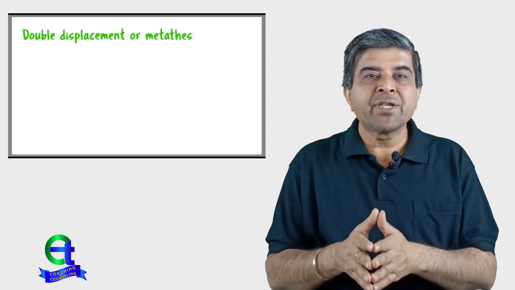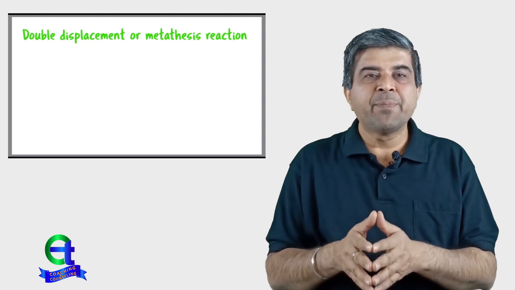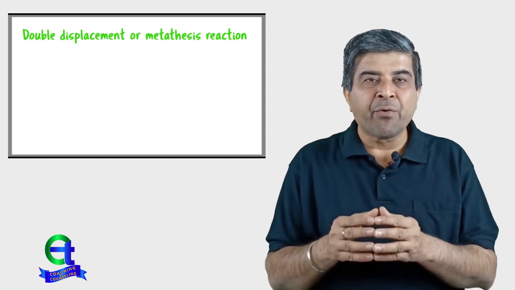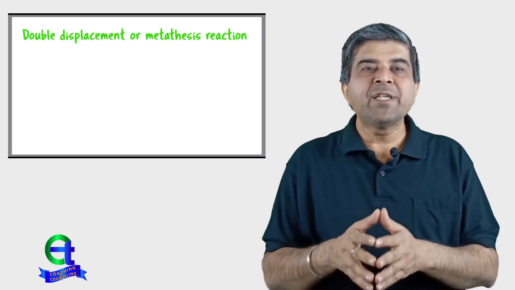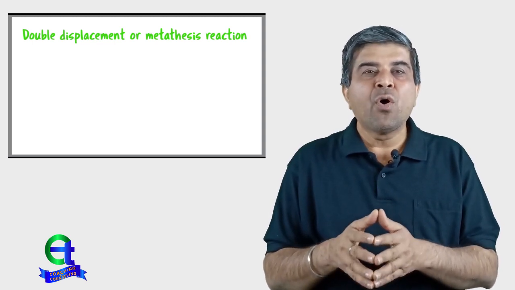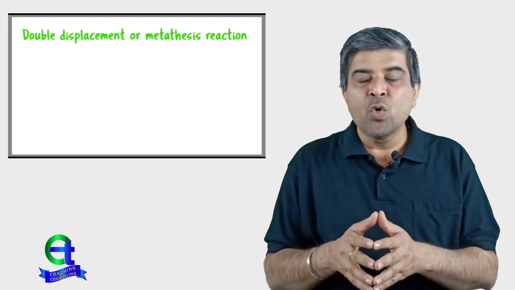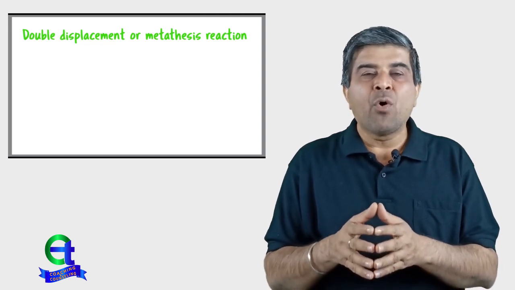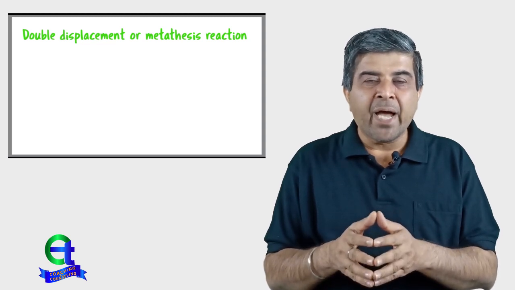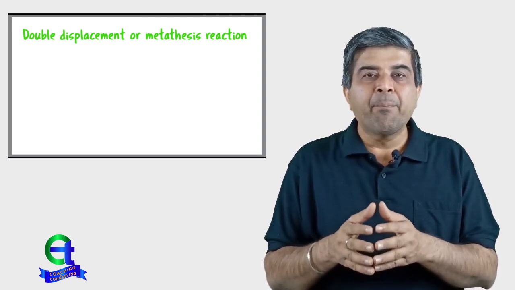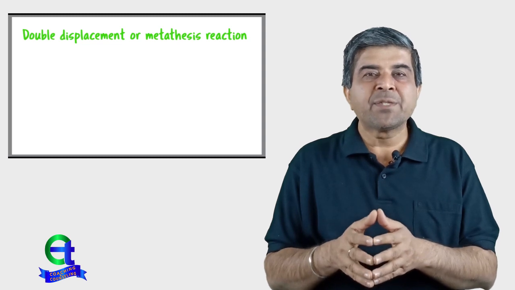Now the next reaction is double displacement or metathesis reaction. Double means two and displacement means exchange or taking position. So when two ions or atoms shift simultaneously in a reaction to form different compounds, it is double displacement.